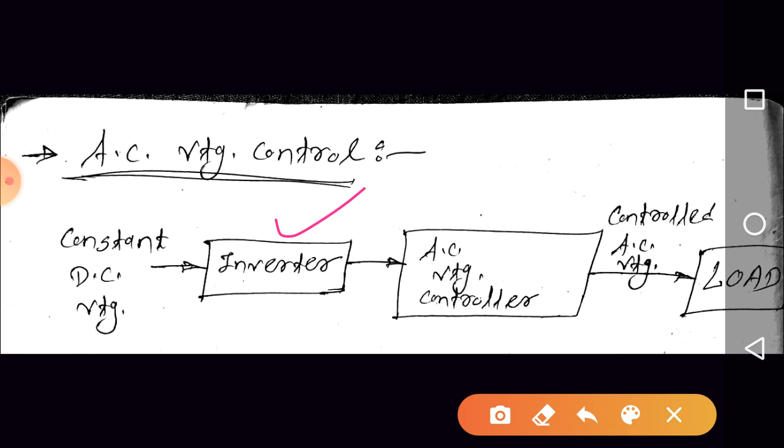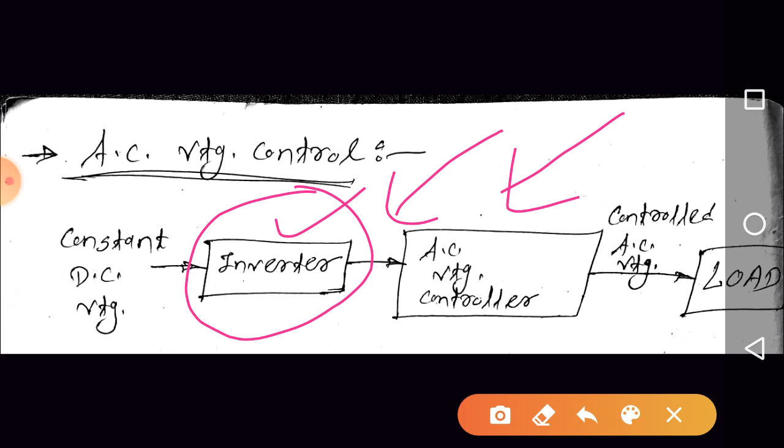As this is an external control method, our aim is to vary the input voltage to the load. So here we are keeping the inverter output constant, but we are using additional circuitry, that is the AC voltage controller.